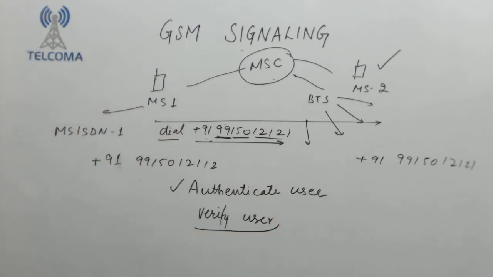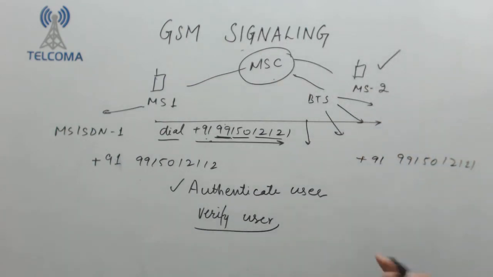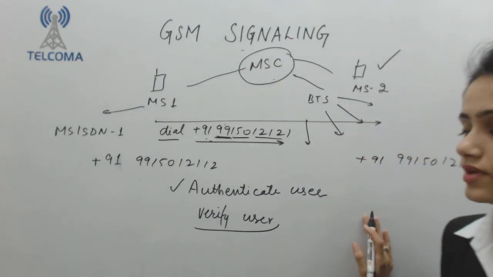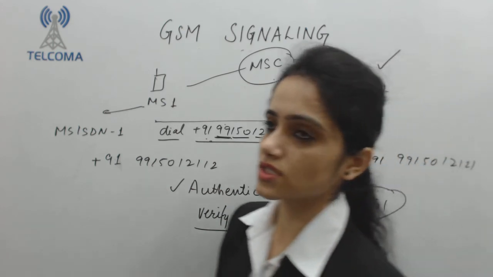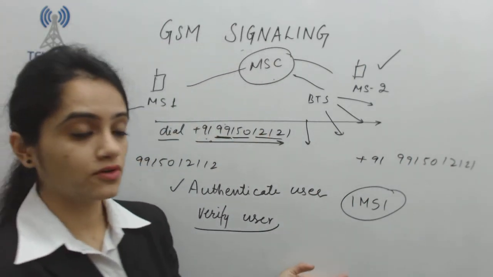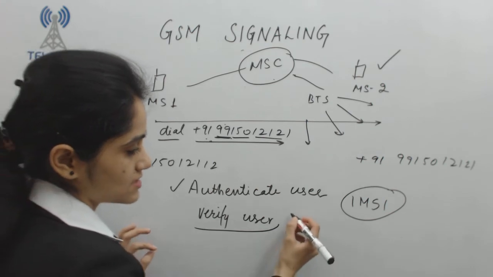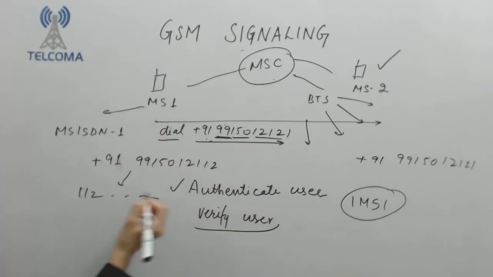So for authentication and verification purpose of the user, we don't require MSISDN. We require a number and that number is IMSI. That is a totally confidential number and the network has stored the IMSI corresponding to the MSISDN.